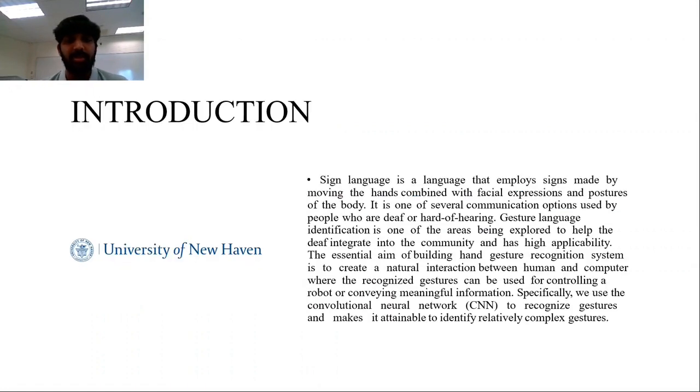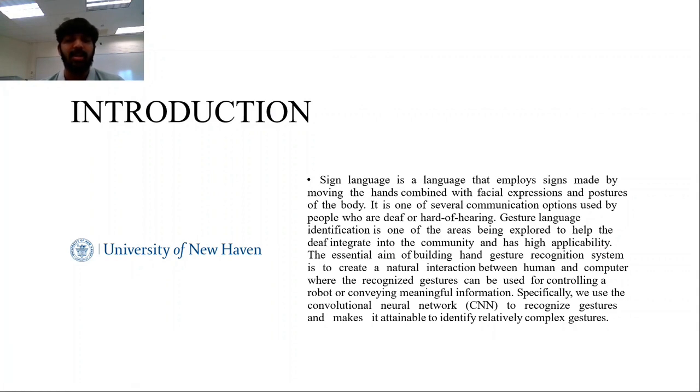Coming to the introduction of our project, sign language is a language that employs signs made by moving the hands, combined with facial expressions and postures of the body. It is one of the most widely used communication systems for deaf or hard of hearing people.